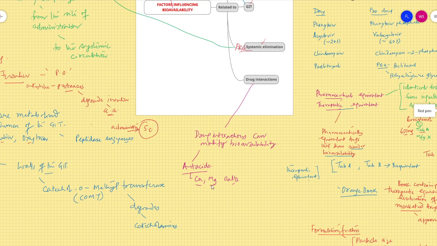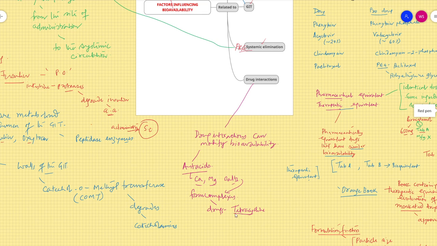So the problem is these salts can form complexes with drugs such as tetracycline, and maybe iron preparations also can get complexed.